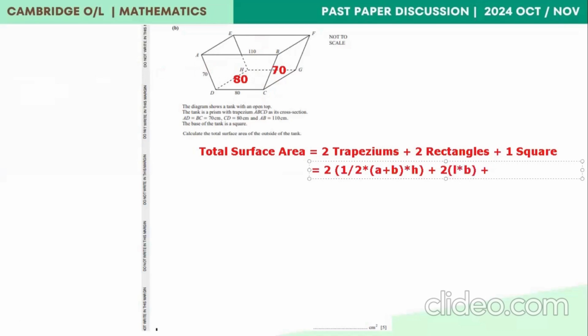Also, area of square formula is going to be length into length. So here we can clearly see that our a value is going to be 80 for the trapezium and b value is 110. So our h value, we have to find it. To find our h value, let me just draw a rough sketch of the trapezium like this.